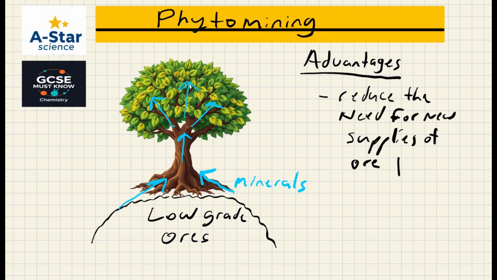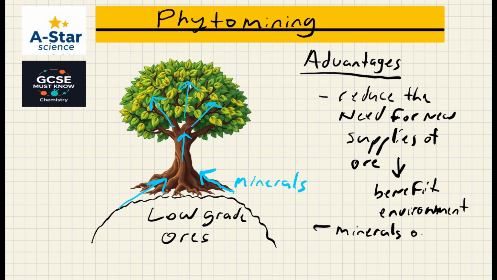So this can obviously be a benefit to the environment by reducing the impacts from mining. So this is really important. And mineral ores are in limited supply. So this conserves those limited supplies. We call that finite. So mineral ores are finite, and so this helps to conserve those limited supplies.